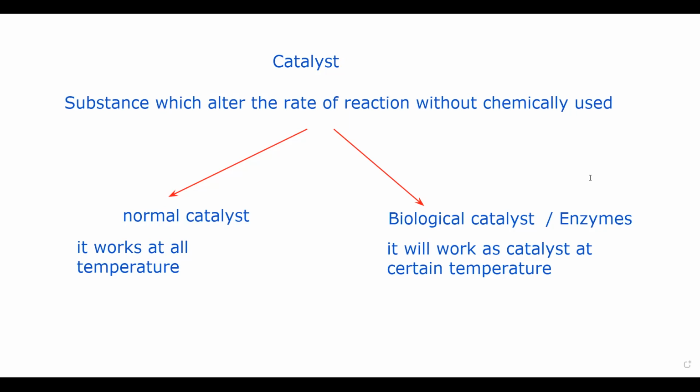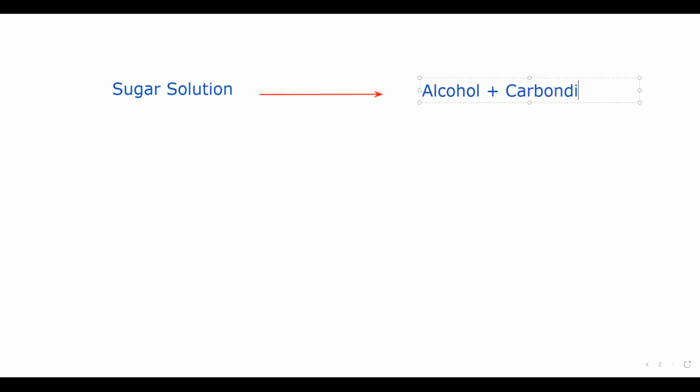So for example, if we want to convert a sugar solution into alcohol plus carbon dioxide. This is a chemical reaction where a sugar solution can turn into alcohol and carbon dioxide.